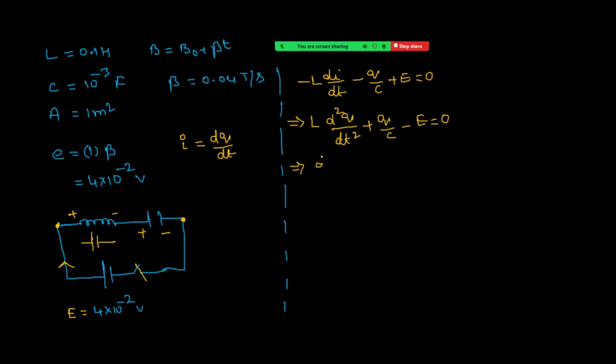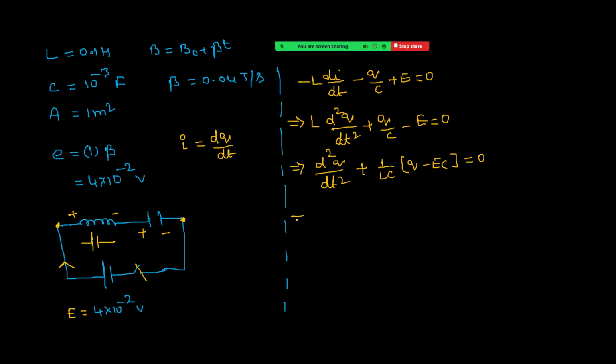See how to write this one. d square q by dt square plus 1 by LC into q minus EC by LC equal to 0. Am I correct? Check it once. q by LC, EC by LC, that means E by L, right?